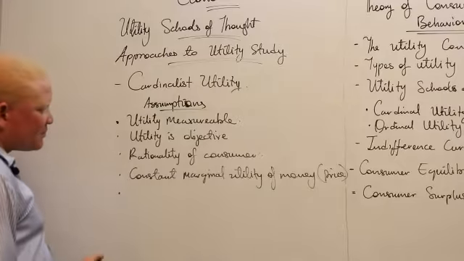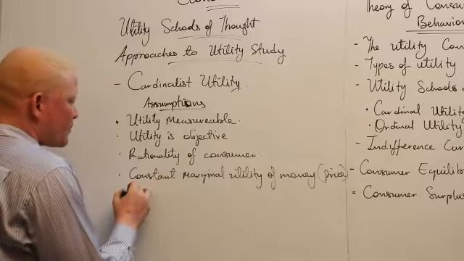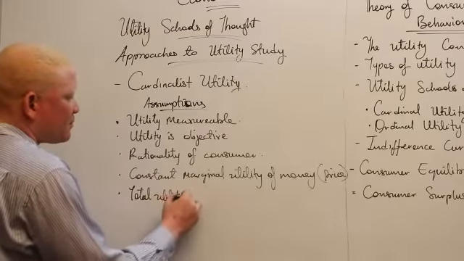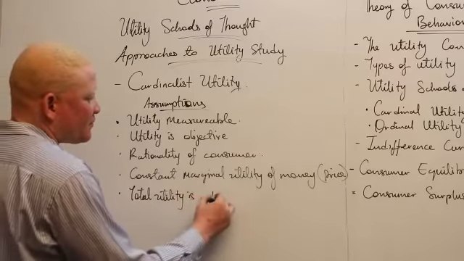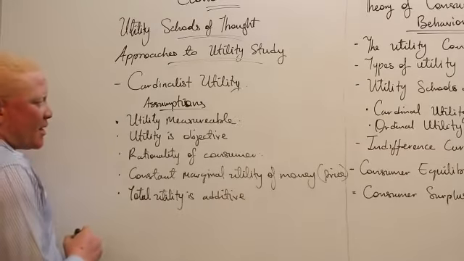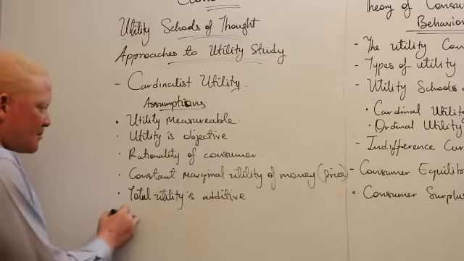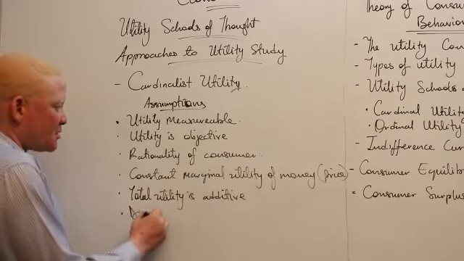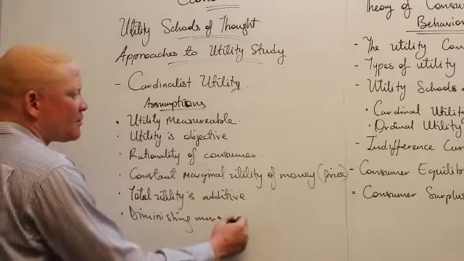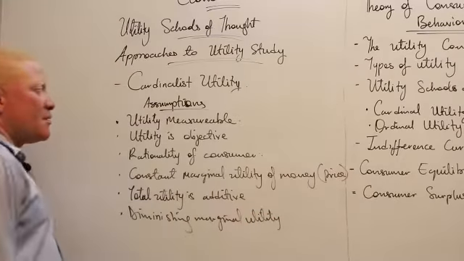Five, total utility is additive. And diminishing marginal utility.